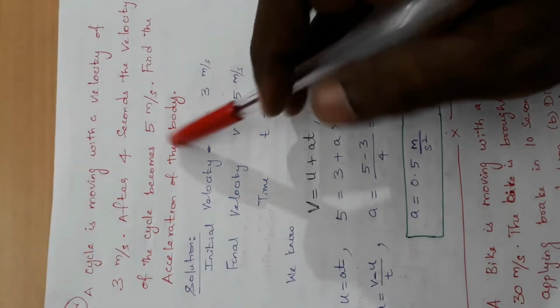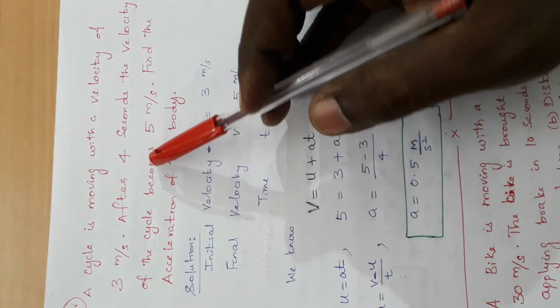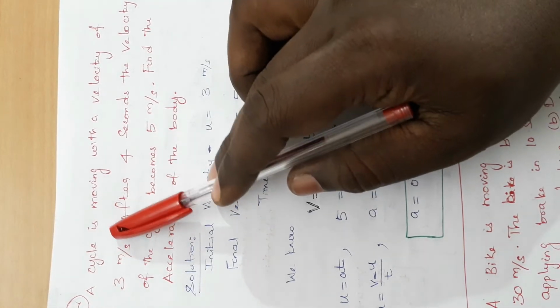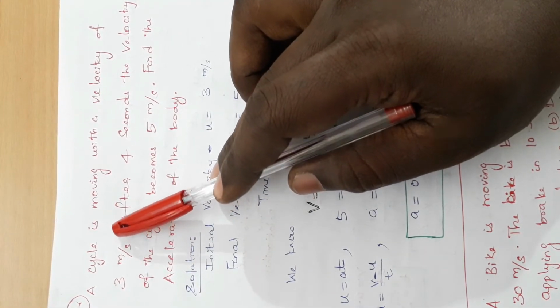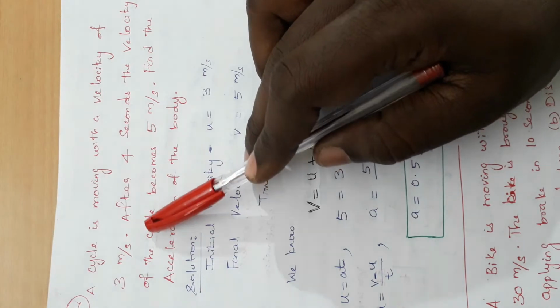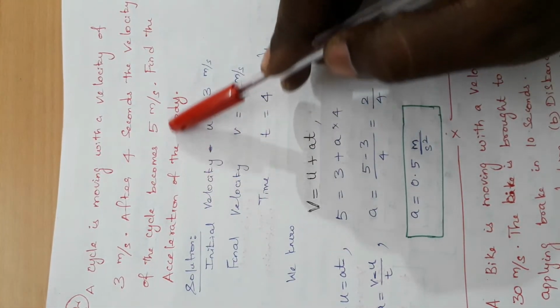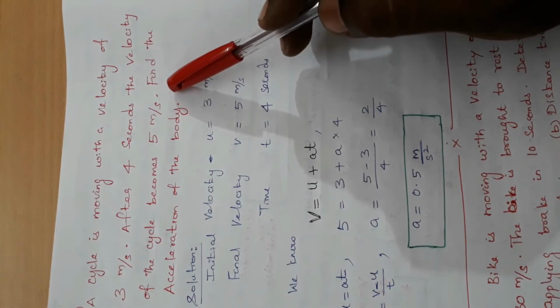Now using this relationship, we will try to solve some simple problems, and then slowly we will move on to tougher problems. A cycle is moving with a velocity of 3 meters per second. After 4 seconds, the velocity of the cycle becomes 5 meters per second.